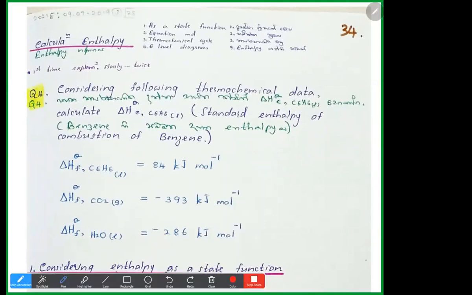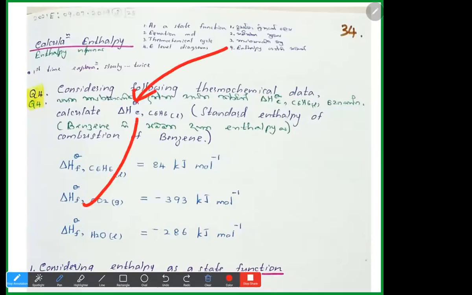For this given question, consider the following thermochemical data to calculate what? The enthalpy change delta H, the standard combustion enthalpy change of liquid benzene.